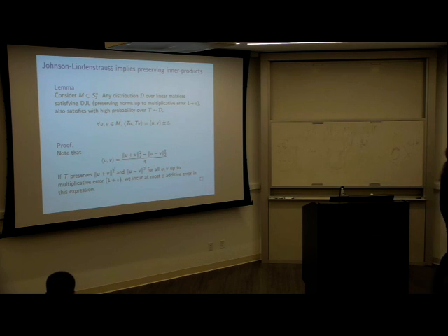What I want to say is that if my Johnson-Lindenstrauss map not only preserves norms of u and v, it also preserves norms of u plus v squared and u minus v squared, for each pair of vectors u and v, then it is going to preserve inner products up to an additive error now, not a multiplicative one. So if T preserves this and this, then the distance between the inner product of u and v and the inner product of Tu and Tv is going to be something like epsilon times this plus epsilon times this, which is bounded by epsilon.